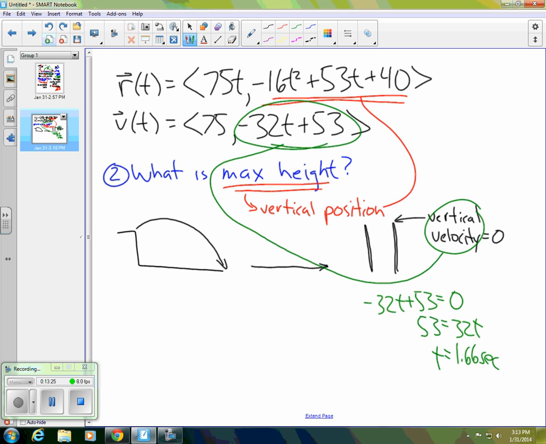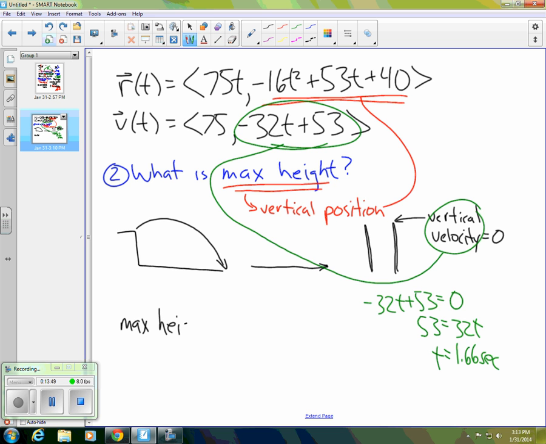So that's the time. And again, remember our question is, what's the maximum height, which comes from the vertical position. So what we need to do is take that 1.66 and put it into the vertical part of the position vector, the negative 16t squared plus 53t plus 40. So let's go ahead and do that, and that'll give us our maximum height.